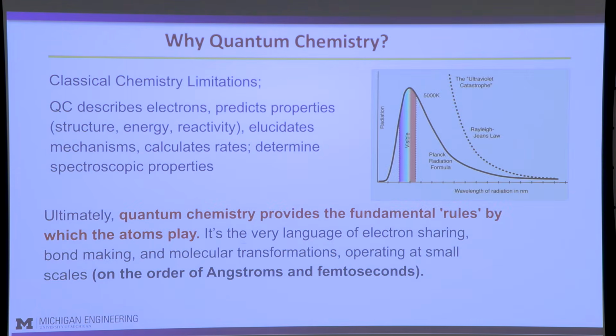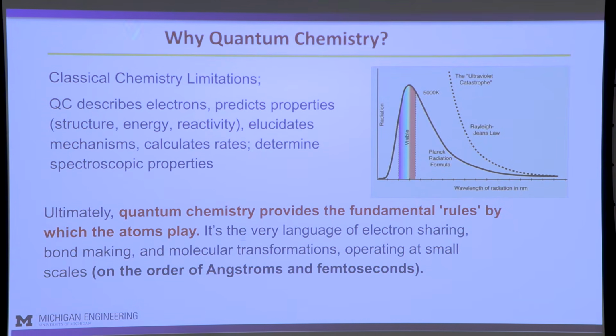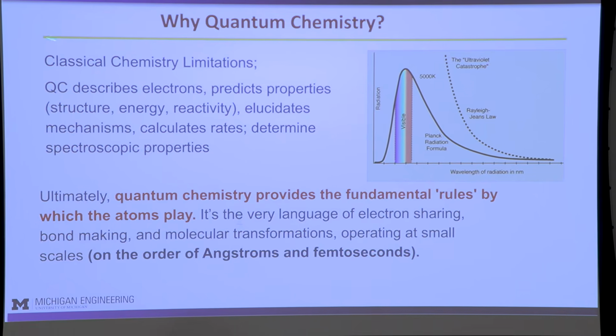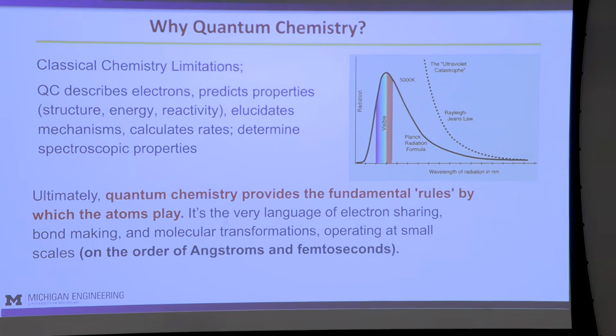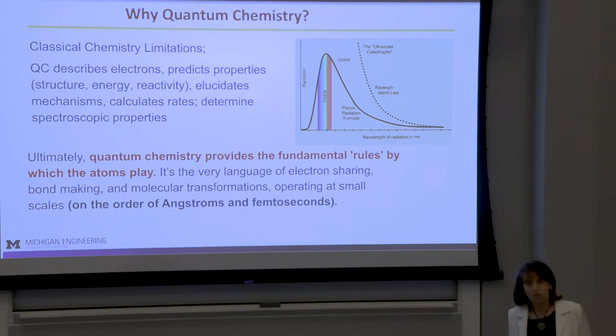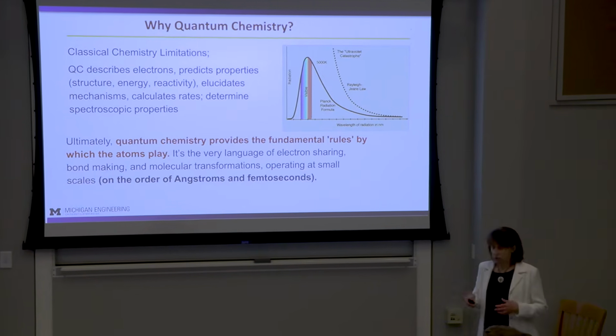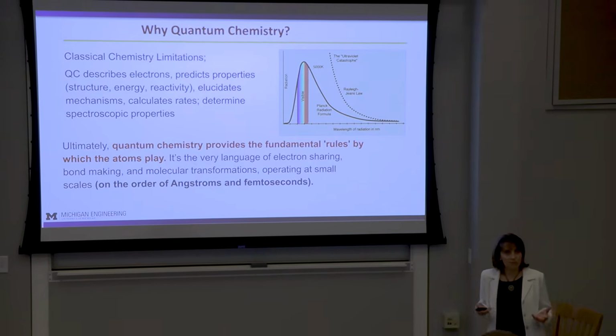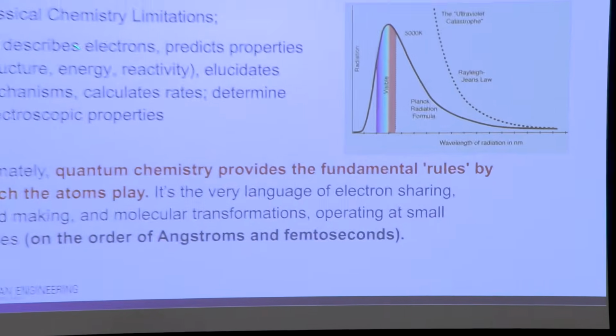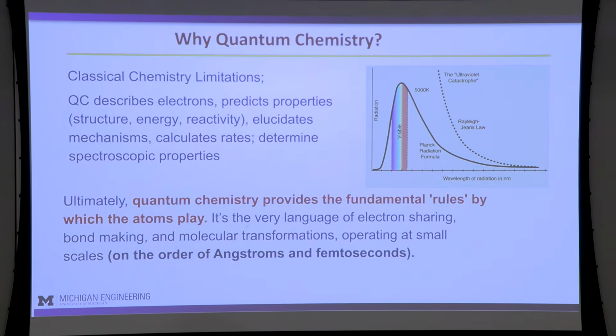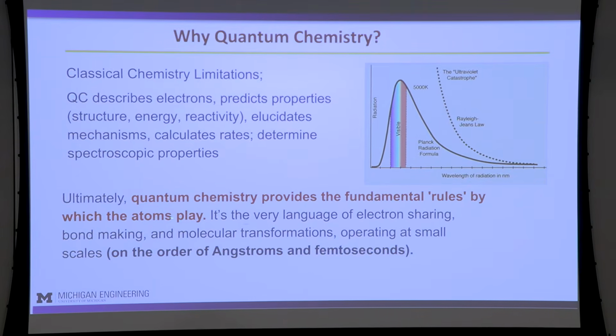So first of all, why quantum chemistry? People have worked for many years with classical chemistry, but there were many limitations, especially the fact that the atoms were rigid balls, and so there was no description of electrons, for example. And when you talk about bond making and bond breaking, you need to have electrons. So quantum chemistry provided these fundamental rules by which atoms play.